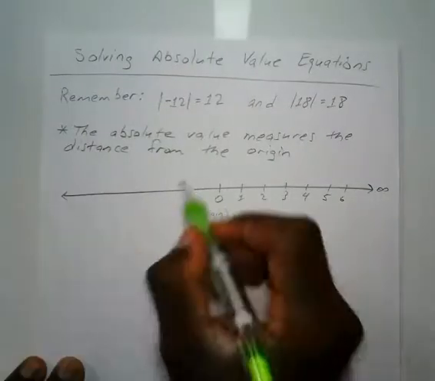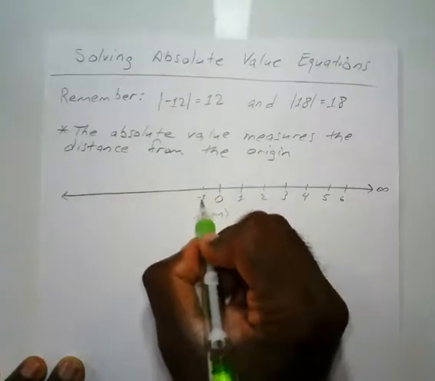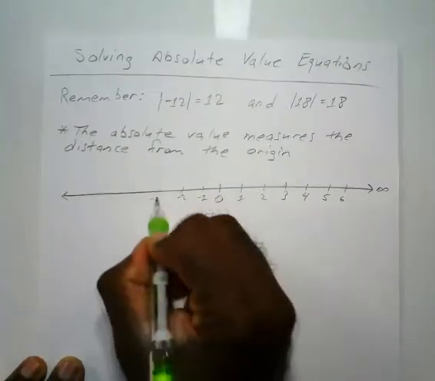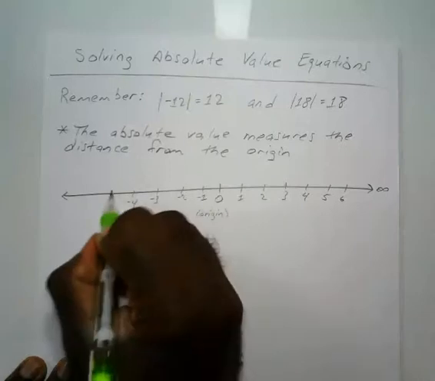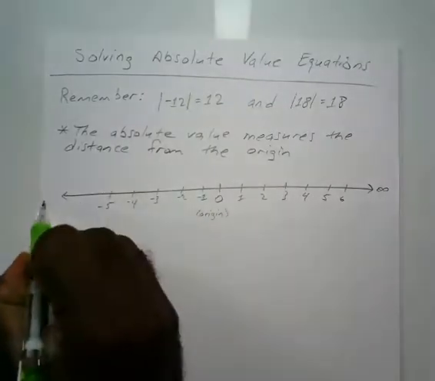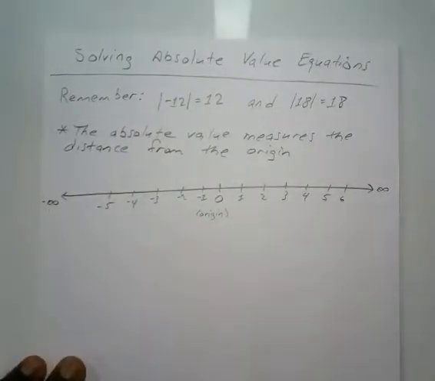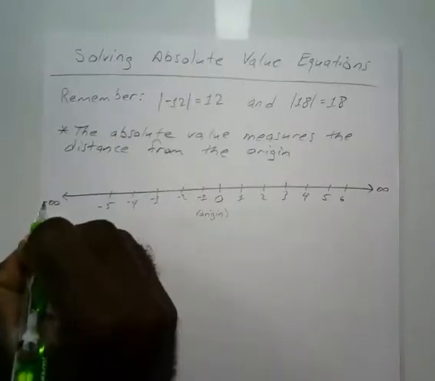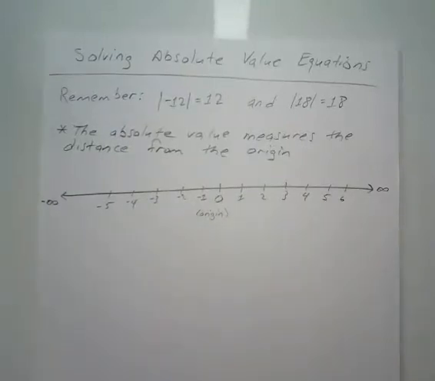Let's go the other direction. We have our negative 1, negative 2, negative 3, negative 4, negative 5, and it keeps on going all the way to negative infinity.